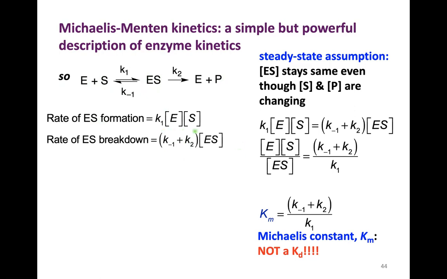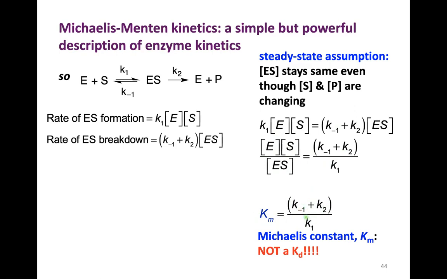So at the steady state, we can set these two equal to one another, as you see here. Let's collect all the concentrations on one side and all the rate constants on the other side. To make things simple, let's call this collection of the rate constants the Michaelis constant, the Km. So this is a collection of rate constants in this particular model.